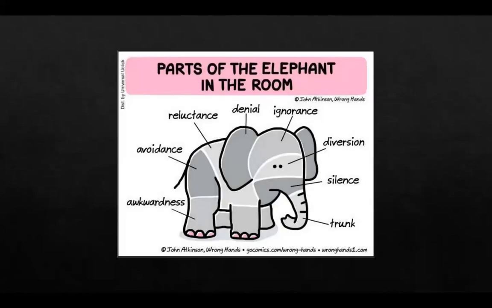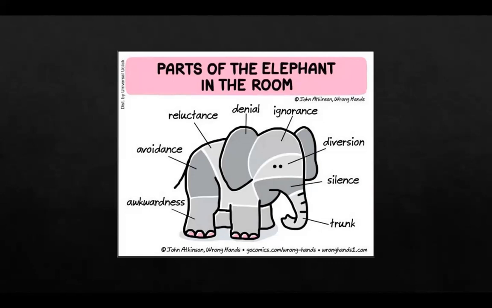I love that analogy because it's quite poignant, something that is big and cumbersome and we don't want to talk about, but yet it just remains there. So what are the parts of this elephant in the room? Well, there's awkwardness, a sense of avoidance between coworkers or family members. We're reluctant to talk about our feelings.